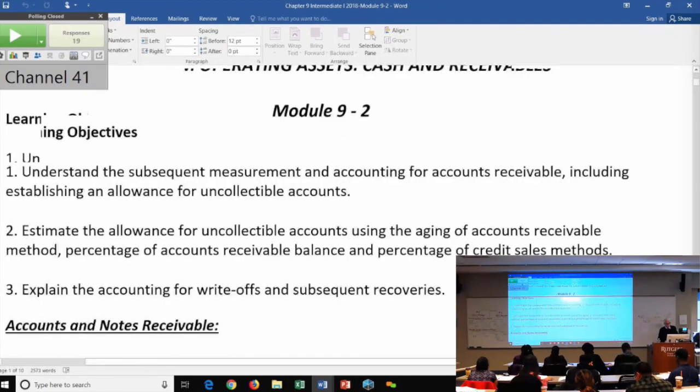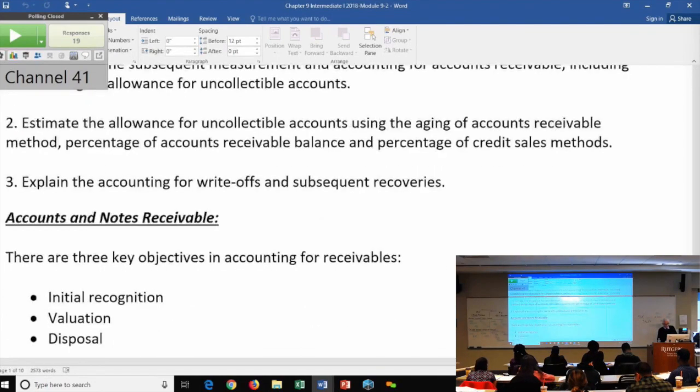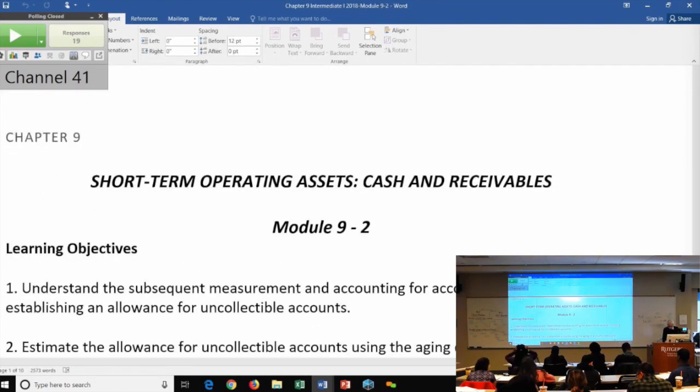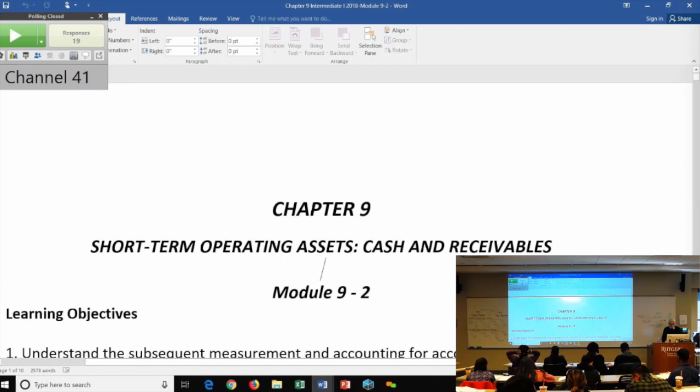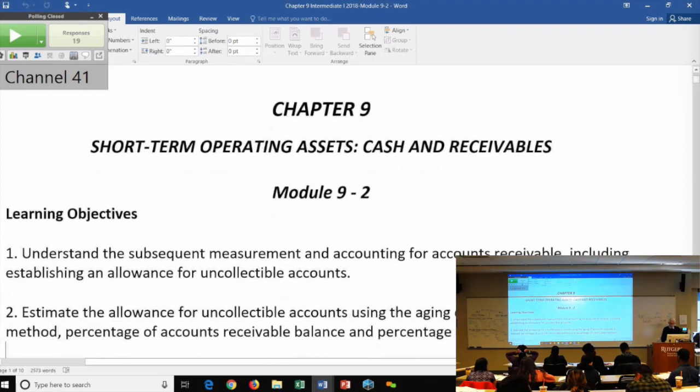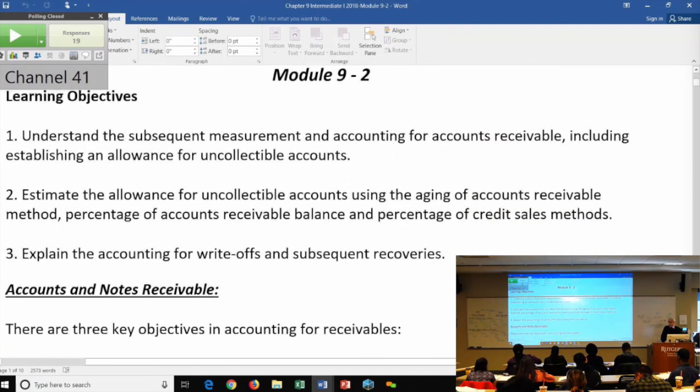Understanding accounting for uncollectible accounts, using the allowance method, thinking about how to write off an account, and also, when we're done, understanding what recoveries would do and how they would be recorded.